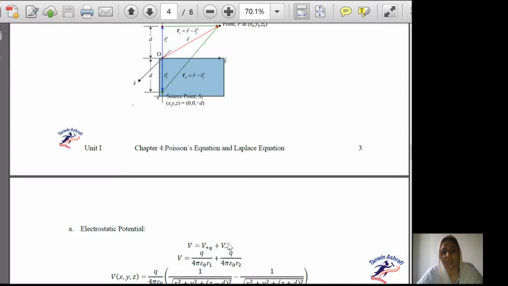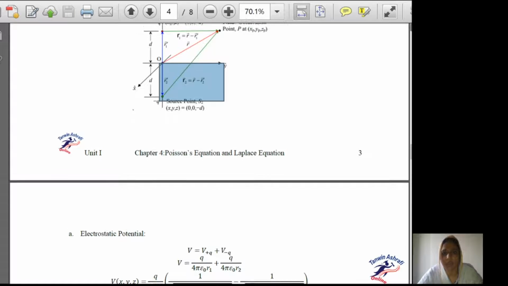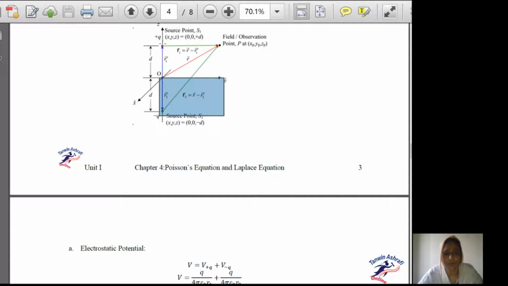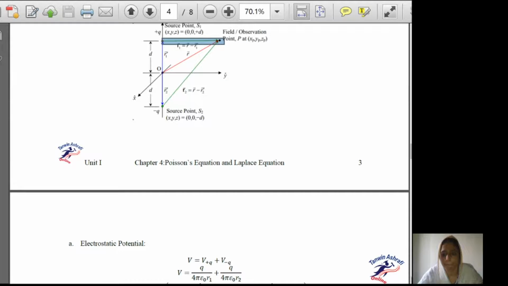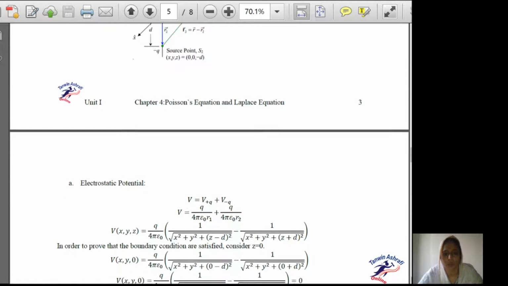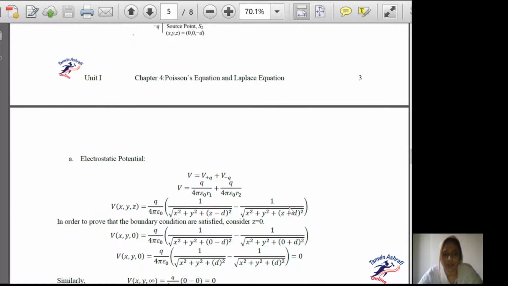By the formula of potential, we have V for positive charge Q divided by 4 pi epsilon naught r1, and for my negative charge Q divided by 4 pi epsilon naught r2. Now if we substitute the values of r1 and r2, since Q by 4 pi epsilon naught is a common term, we will take it out.